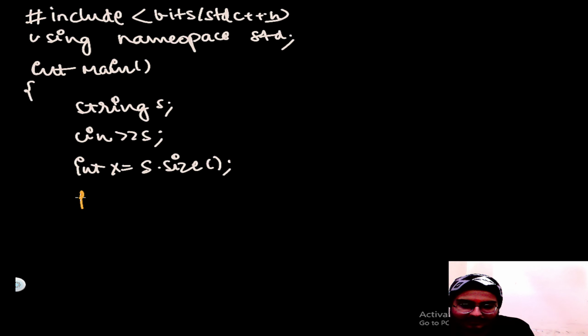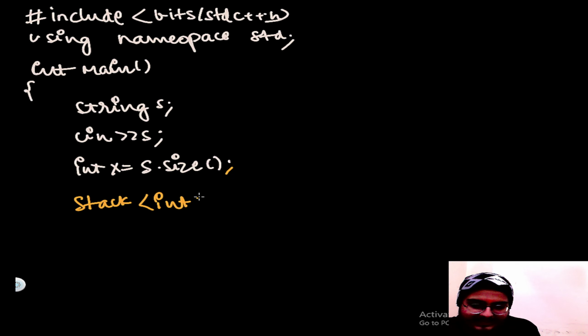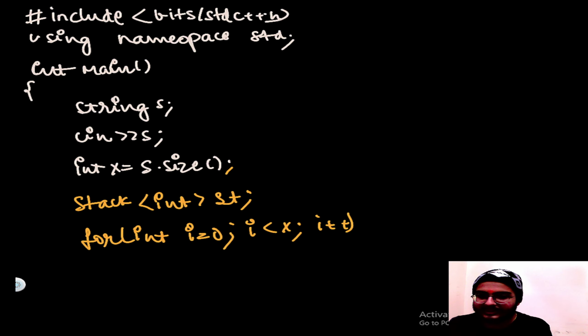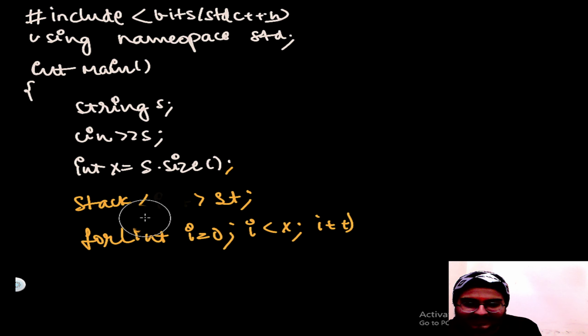Now here is the thing. Before that, I need to use a stack. So a stack of integers, let's name it st, and so we have created an empty stack. Now let us run a loop for int i equals 0, i less than x, i plus plus. Not integers, we made a mistake over here, because the string contains characters.